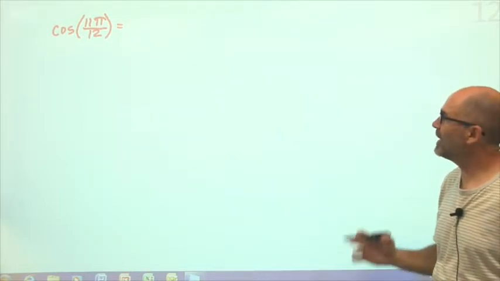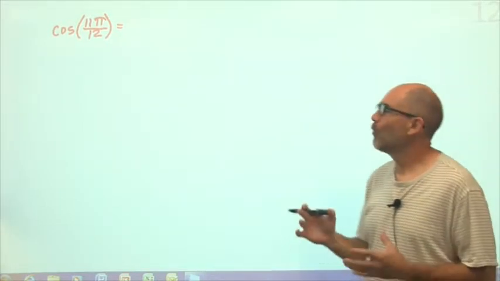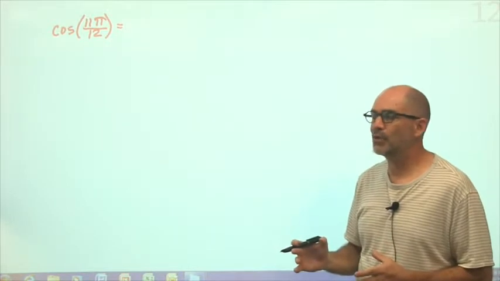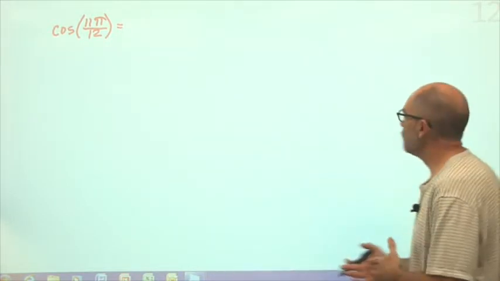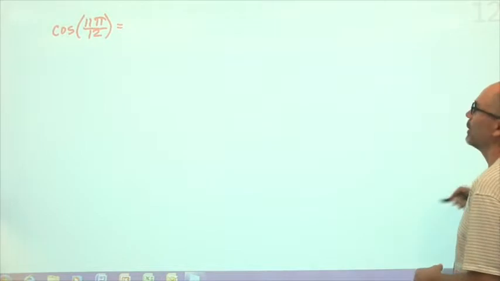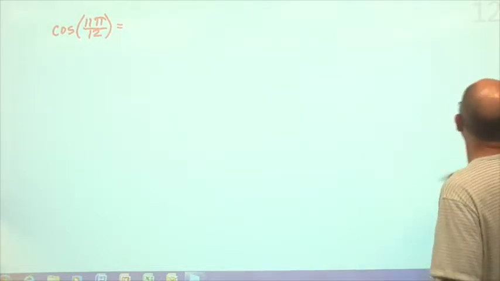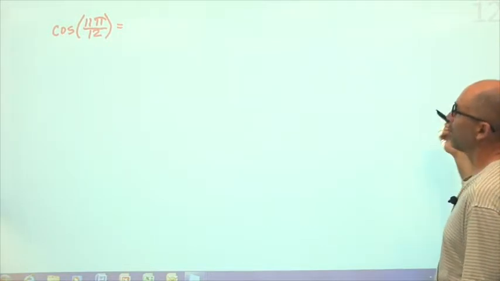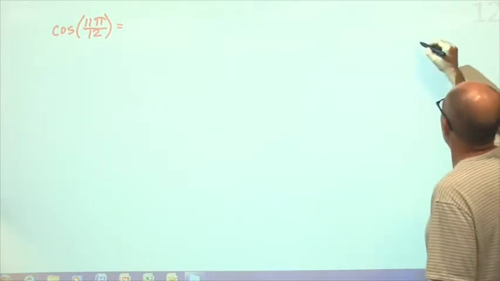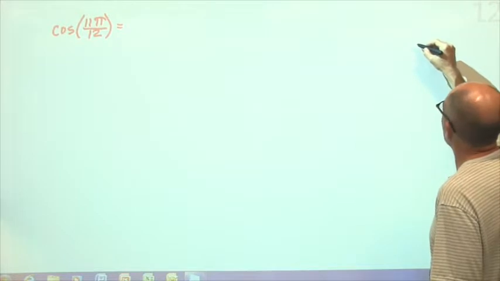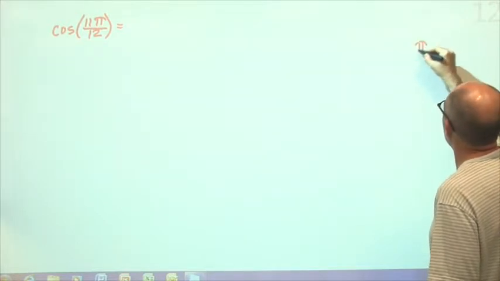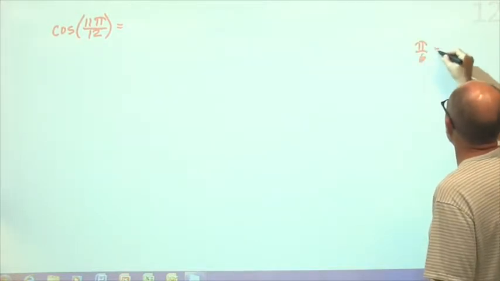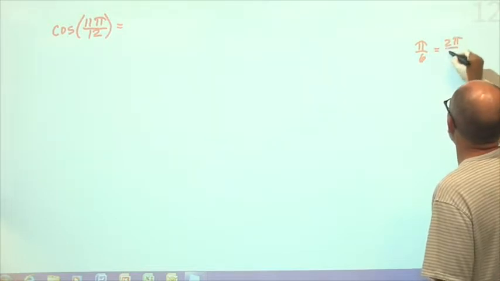All right, so we need to figure out what fractions add up to 11/12. So notice what we need is the 12ths. So basically, pi over 6 equals 2 pi over 12.